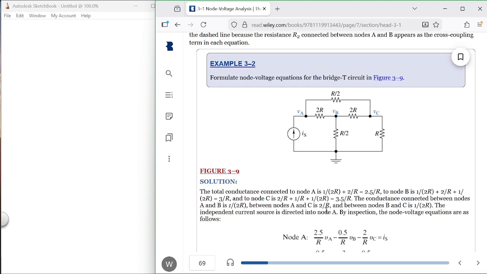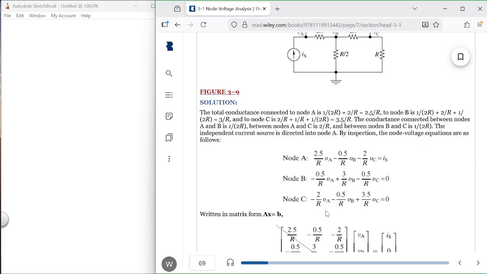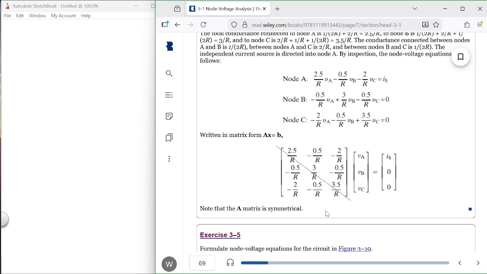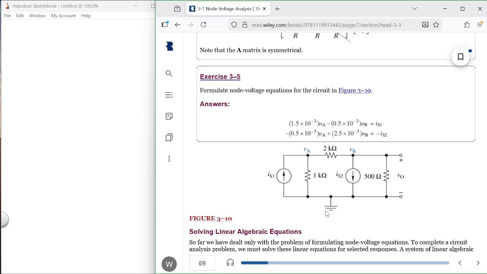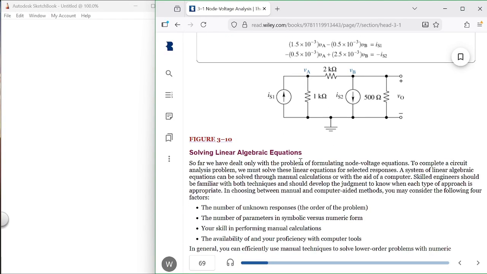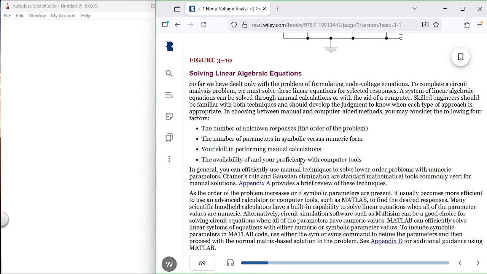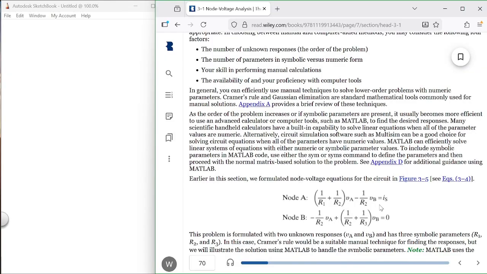Here's another one. Now, sometimes you have a current source, at which time that's like a constant going in. In that case, you just write it, there's my I source.